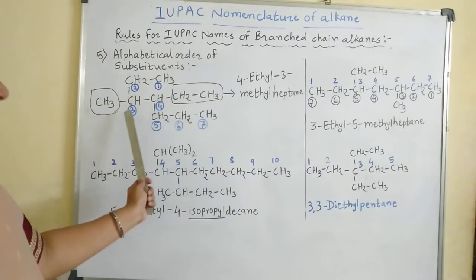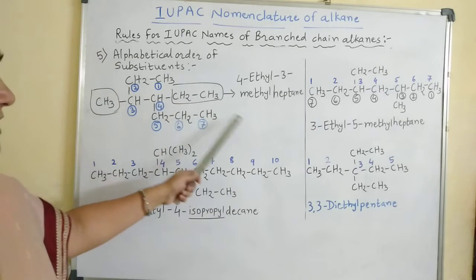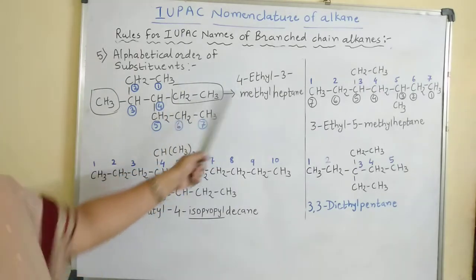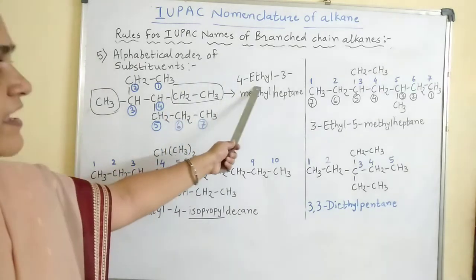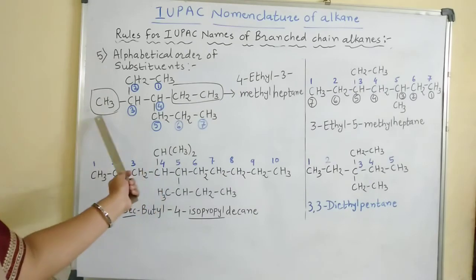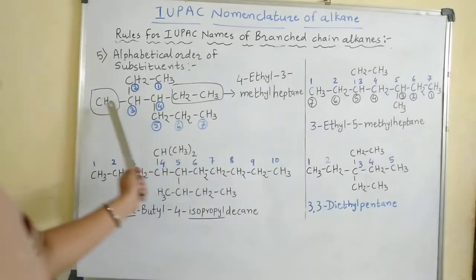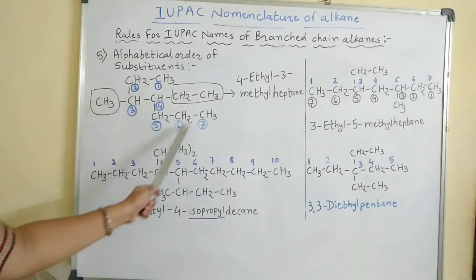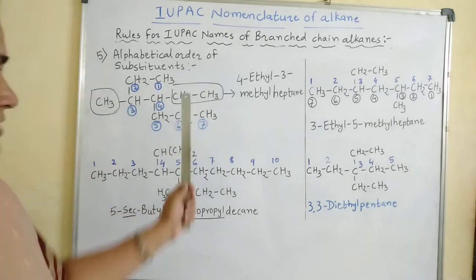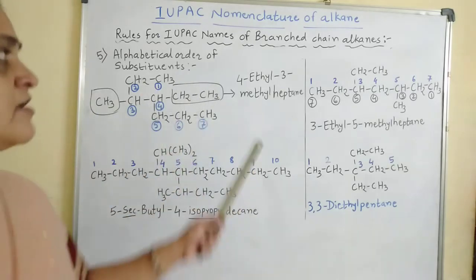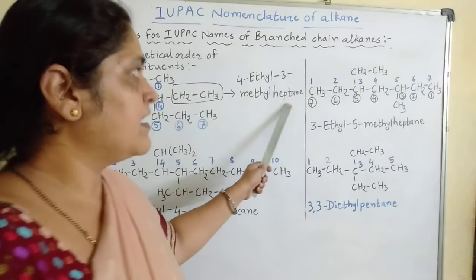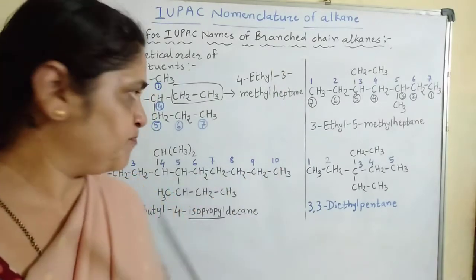So when you write the name, the ethyl group having locant 4 will come first: 4-ethyl. Then the third carbon carrying the methyl group: 3-methyl. And there are total 7 carbon atoms in the longest continuous chain, so our word root is hep and the suffix is ane.